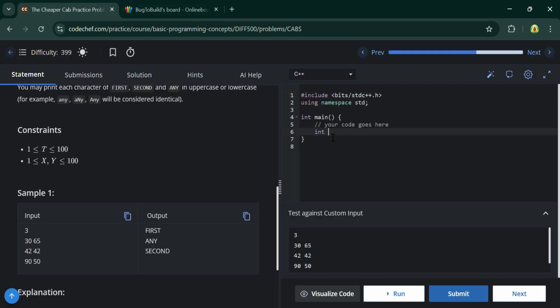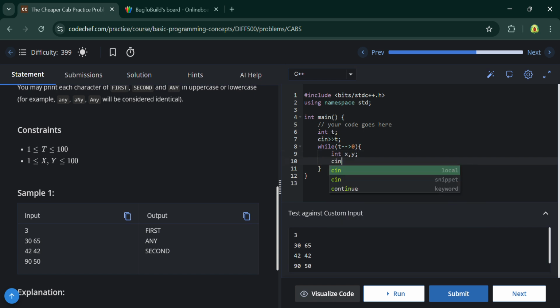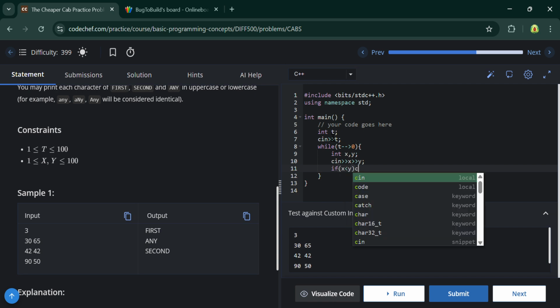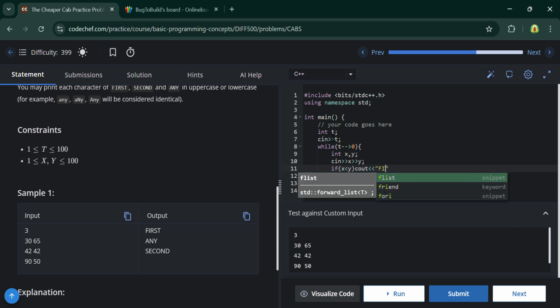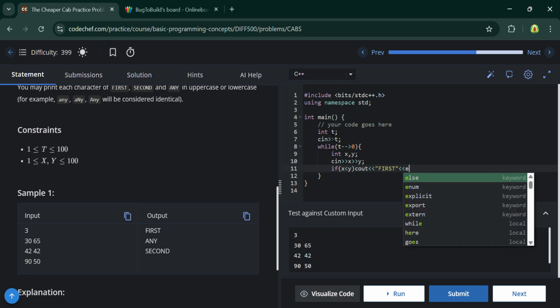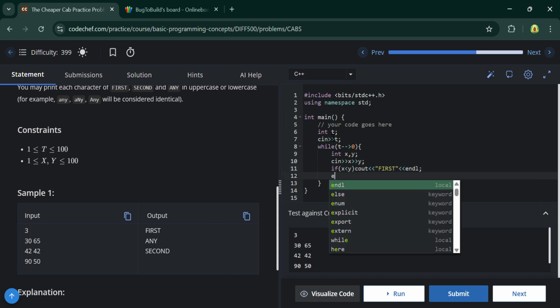So I hope you understand the basic idea of this pseudocode. Let's write the code here. Int t, you just have to take input t, and then while t minus minus is greater than 0, you take input x comma y, which will represent the first cab and the second cab. Then you have to check if x is less than y, then you just have to do cout first.